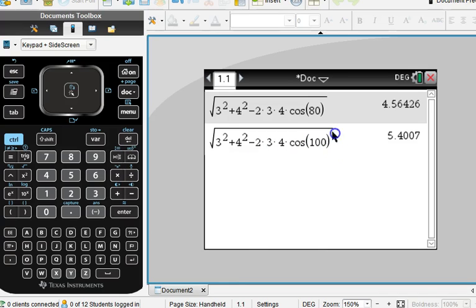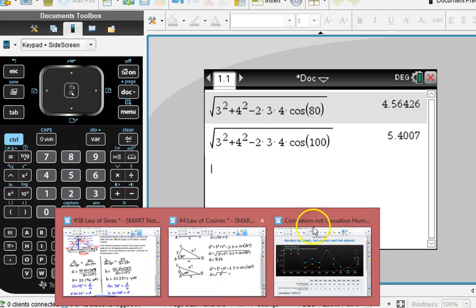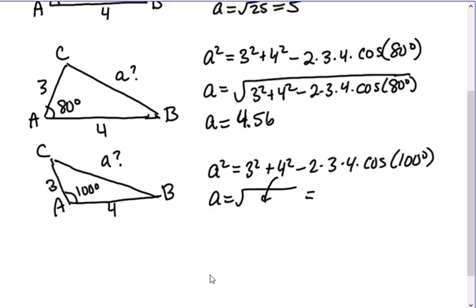What I want to point out though is, why is it bigger than 5? So if you look at cosine of 100, recall that cosine of 100 is in quadrant 2. This is 5.4, so I'll write that down. Just 5.4. So cosine of 100 degrees would be right here. What do we know about cosine in quadrant 2?